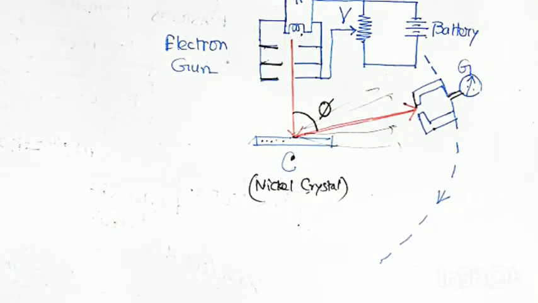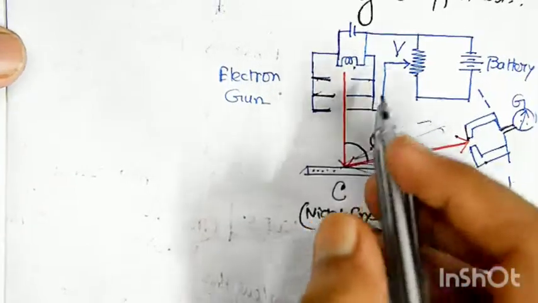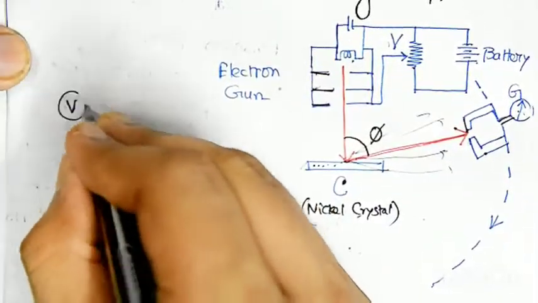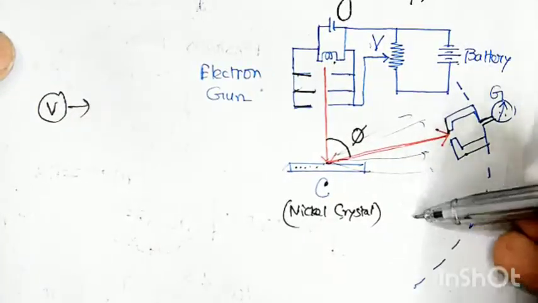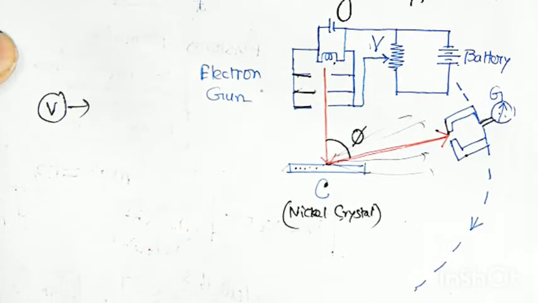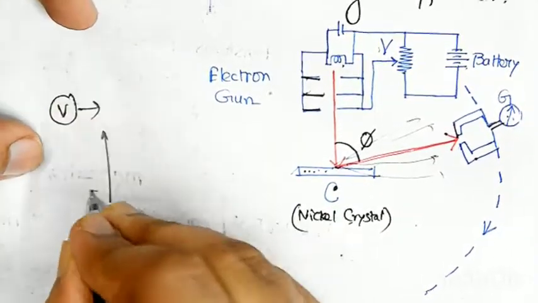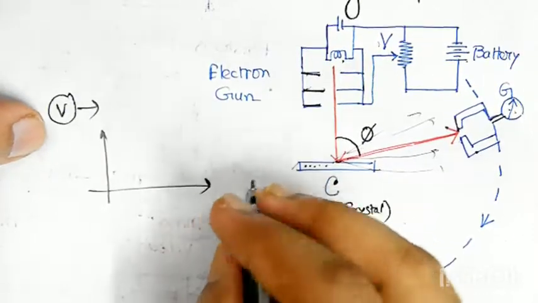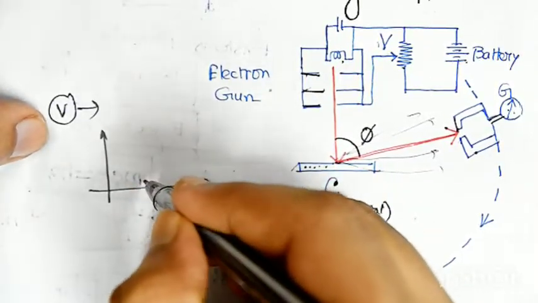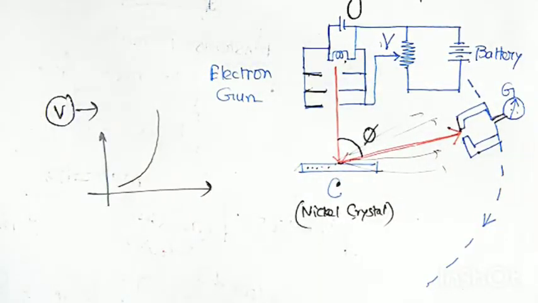So Davisson and Germer did what? They changed the value of potential difference and measured how many electrons are coming out at different angles for different values. They found that mostly the graphs were proportional, meaning they were getting nearly similar amounts of electrons from every side.